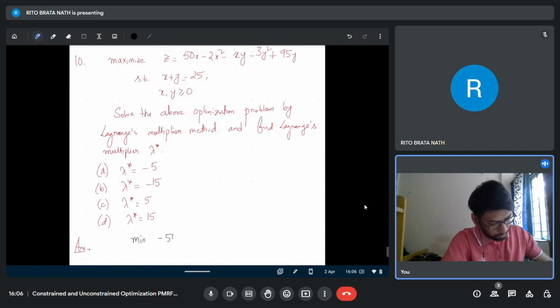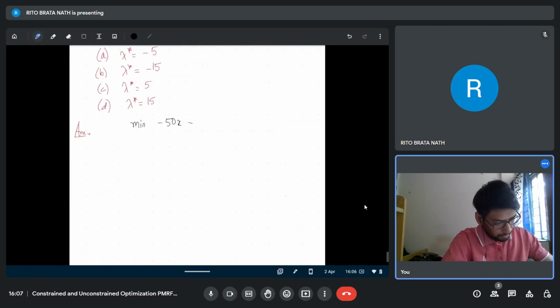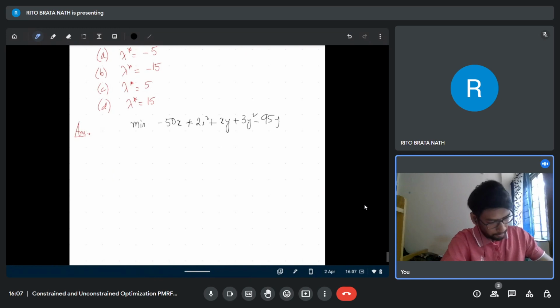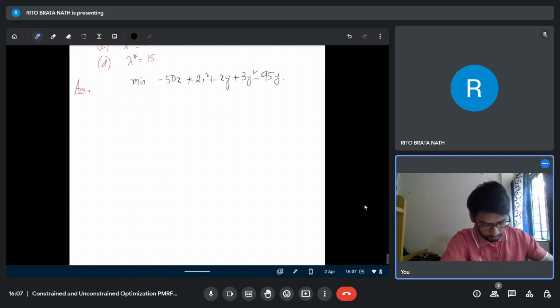So let me write down: min of -50x plus 2x squared plus xy plus 3y squared minus 95y, subjected to x plus y equals 25, xy greater than or equal to 0.